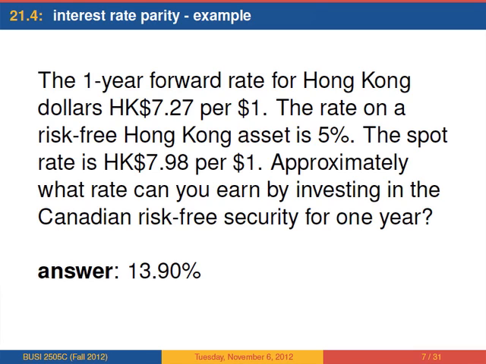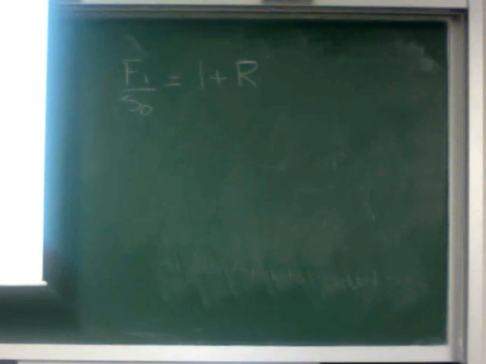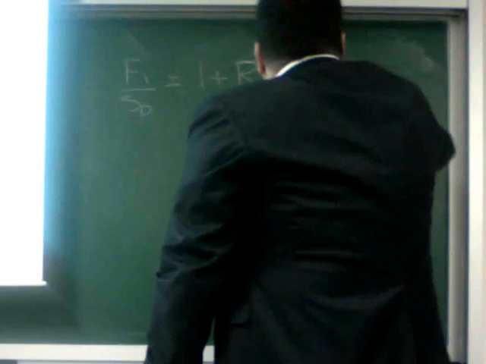So here, the exact relationship, actually no, the approximate relationship is that F1 divided by S0 is 1 plus the rate in Hong Kong dollar minus the rate in Canadian dollar, the interest rate.